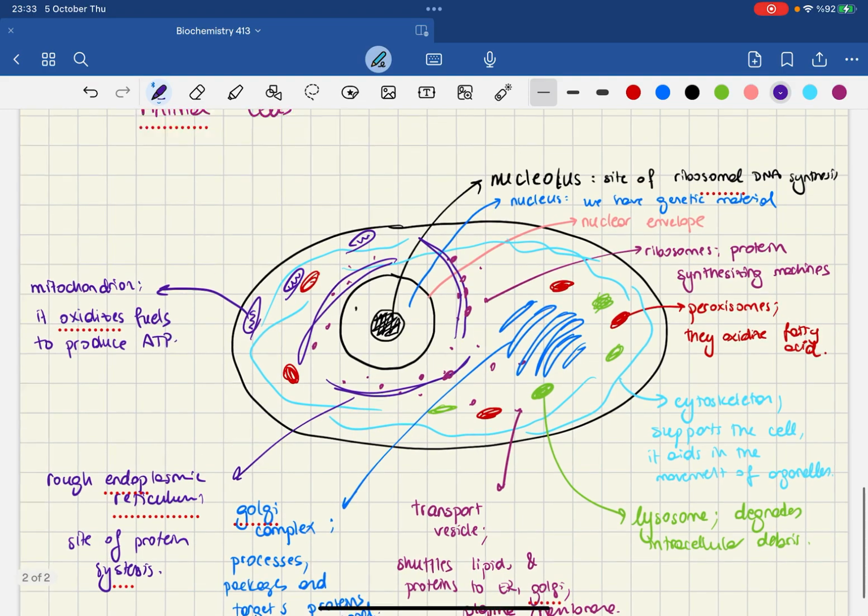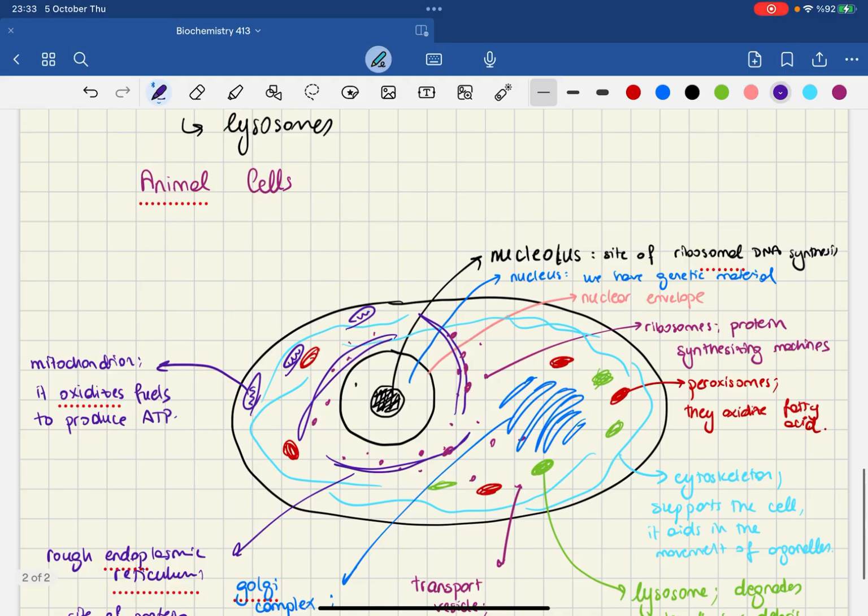All right. And lastly, but not least, we have the smooth ER. And eventually we are at the end of our organelles, and we have here a smooth endoplasmic reticulum. Okay. What does it do? It synthesizes lipids and it metabolizes drugs.